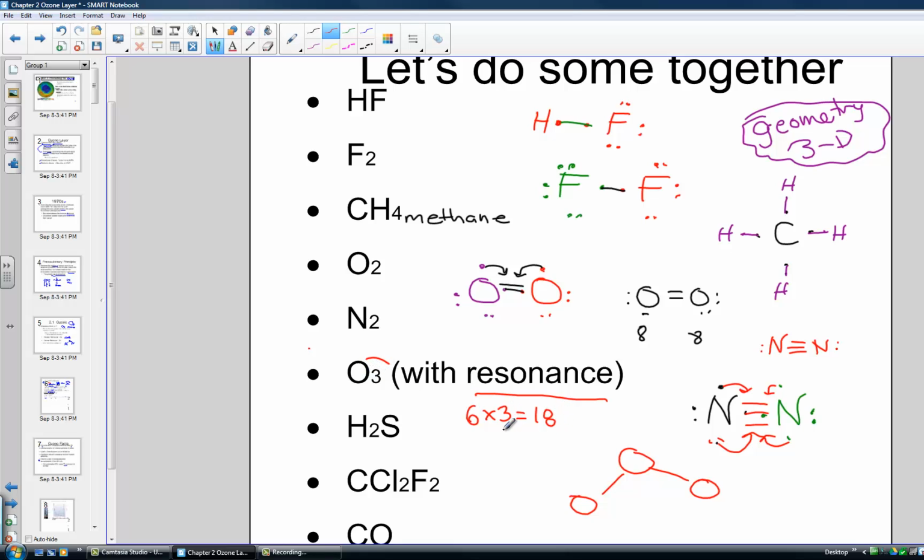Each of the 3 oxygens has 6 electrons, total of 18. When I connect oxygens back to each other, I've used 1, 2, 3, 4, giving me a remainder of 14 electrons. I'm going to fill out the octets of the outer elements first. 2, 4, 6.